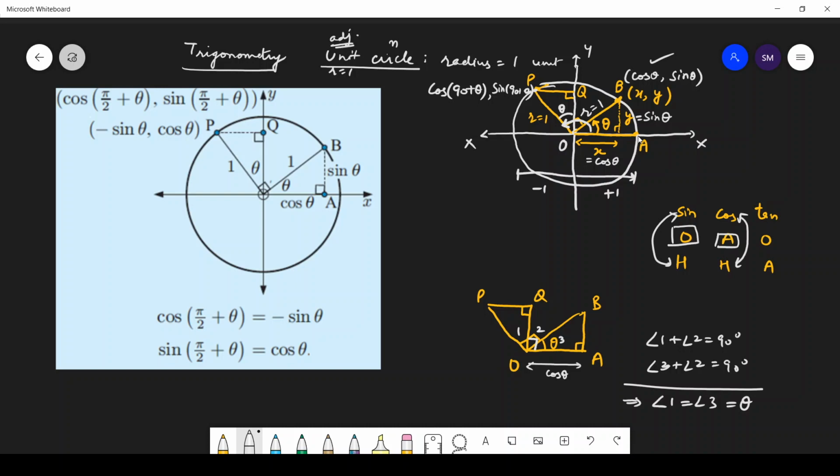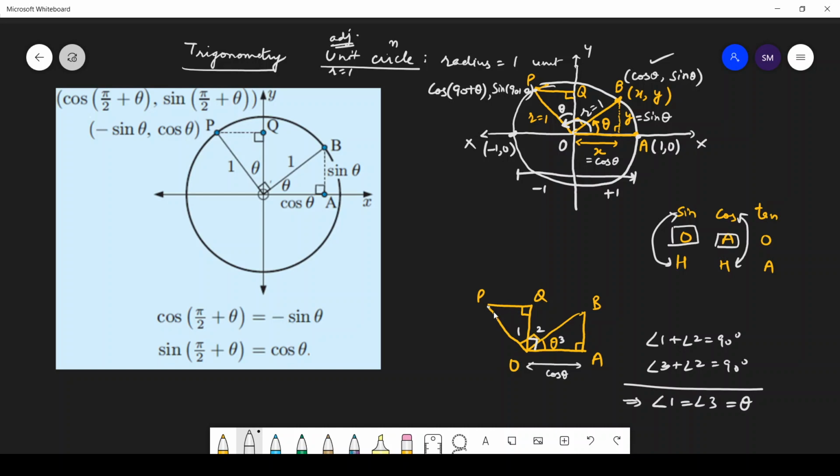So if the coordinates of point A are 1, 0, what will be the coordinates here? Yes students, minus 1, 0.